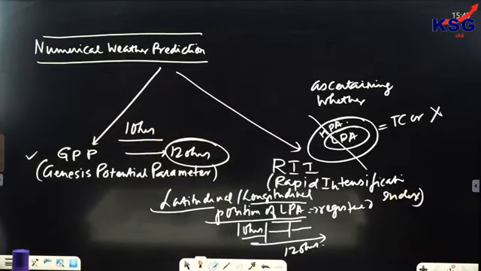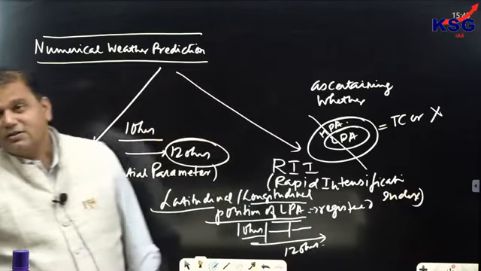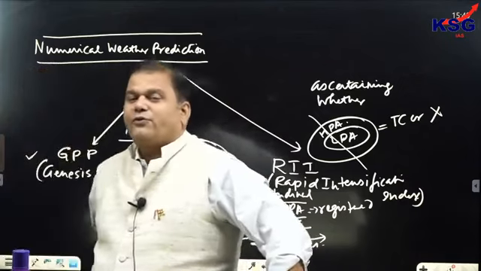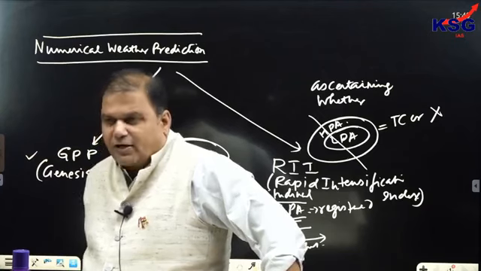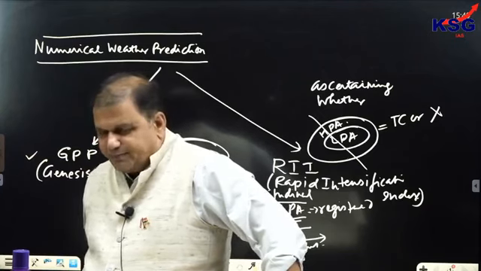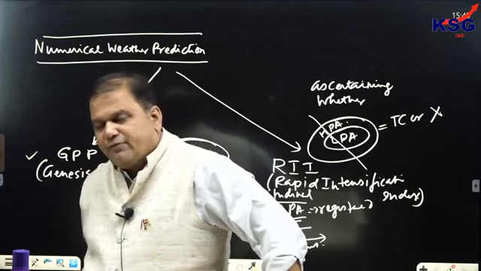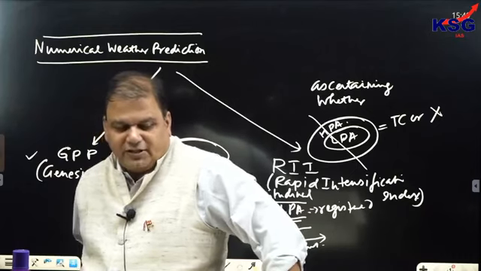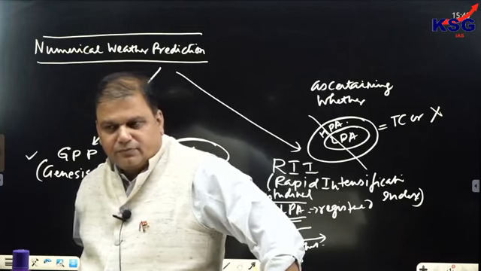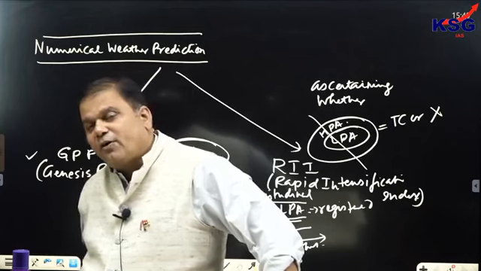Now what is the meaning of Rapid Intensification Index? This is for the purpose of measuring the intensity of tropical cyclone. Write down. It is for the purpose of measuring the intensity of tropical cyclone.